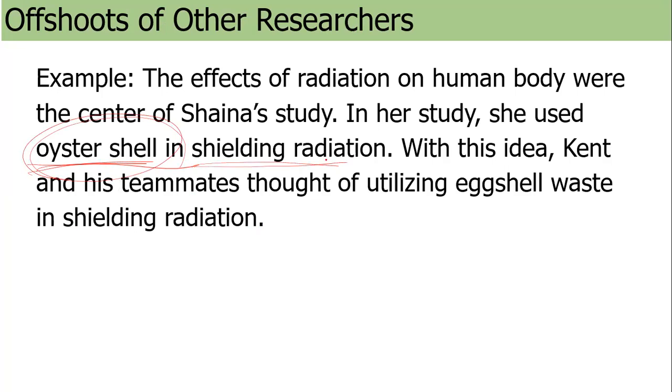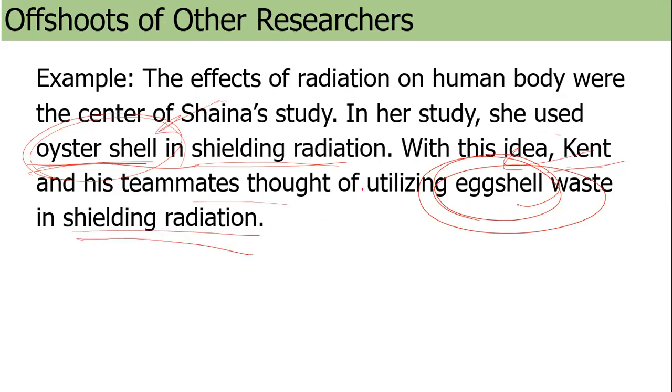With this idea, Kent and his teammates thought of utilizing eggshell waste. So kay Shaina is oyster. Kay Kent and his teammates, nagamit sila sang eggshell waste in shielding radiation. Meaning, nag-find siya other alternative to solve certain problem.